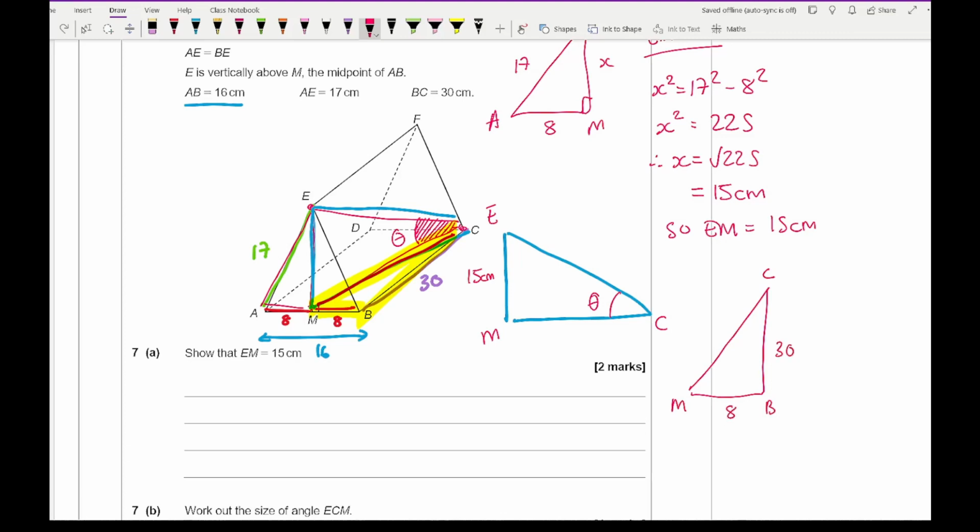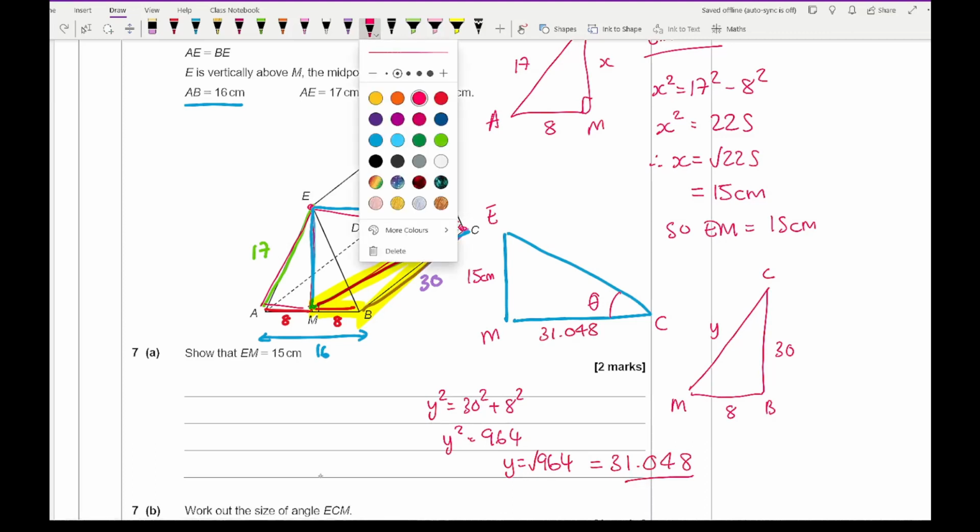So to work out C to M, I'm going to label that as Y. So Y squared equals 30 squared plus 8 squared, which gives me 964. So Y equals the square root of 964, which gives me an answer of 31.048. So this length here is 31.048.